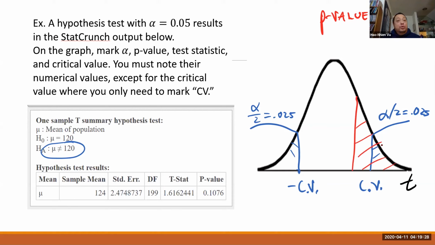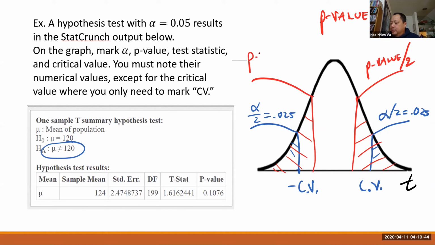Well, except there are two of them, because again, it's a two-tail test. So I have p-value over 2 over here, and p-value divided by 2 over here as well.